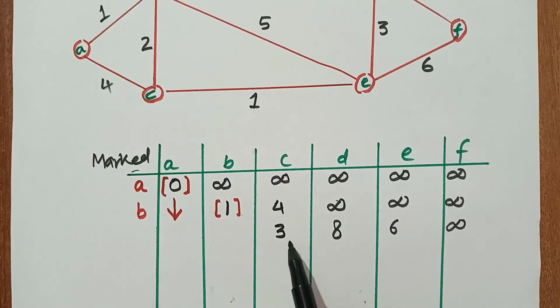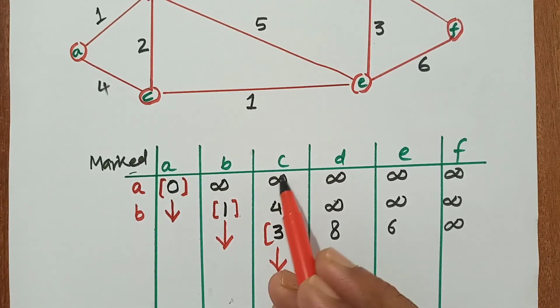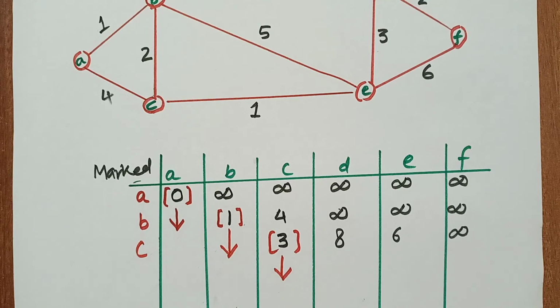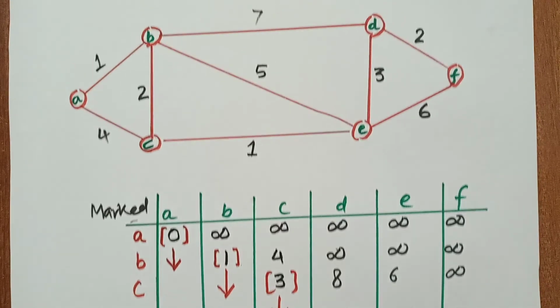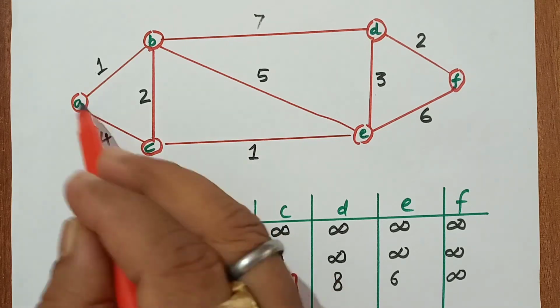Now, which value is minimum? So 3. So we will mark 3. Okay, here 3. So this has been used, no need to touch it. Now you concentrate on C, so we will write C here. How many vertices are directly connected to C?